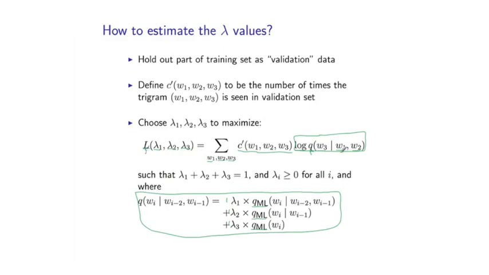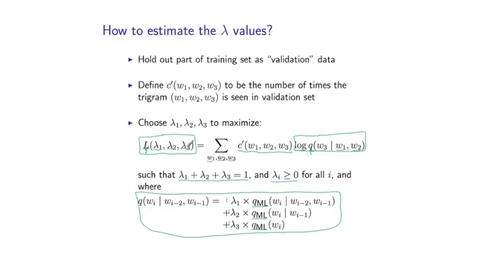And so we'll set up an optimization problem where we attempt to maximize L under our constraints that these lambdas are positive and that they also sum to 1. So again, you can interpret L as a measure of how well the particular values for lambda 1, lambda 2, lambda 3 fit the validation data.